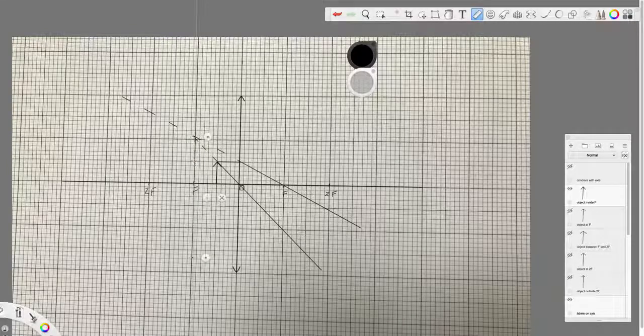Now notice I am using dotted lines for where the ray appears to go, where the image appears to form. So here we have a virtual image, upright, as opposed to being inverted, enlarged or magnified, behind the object.